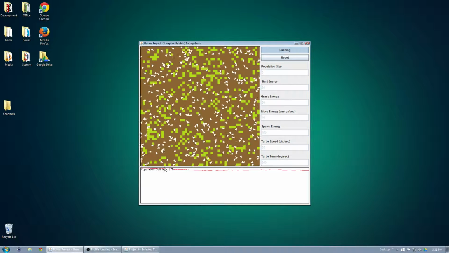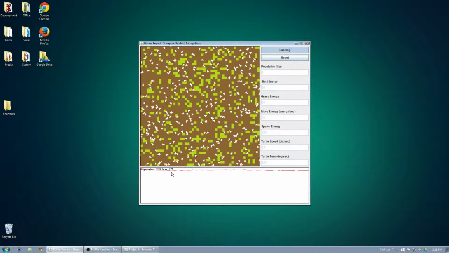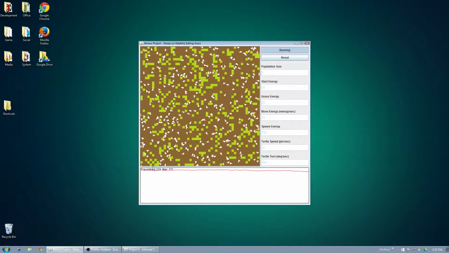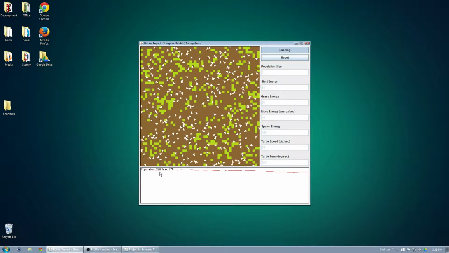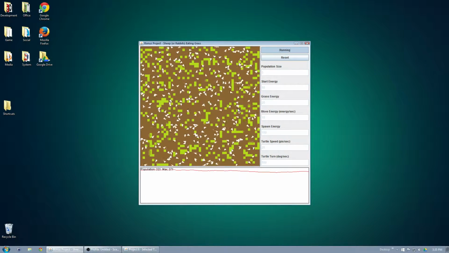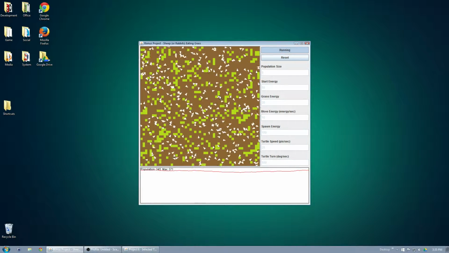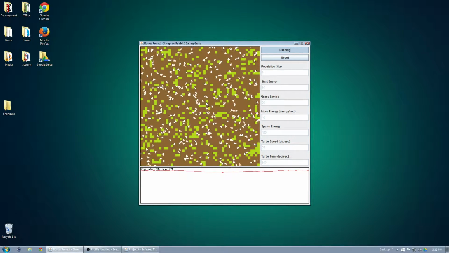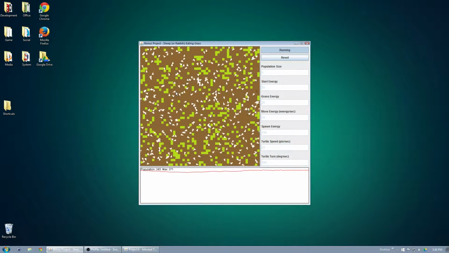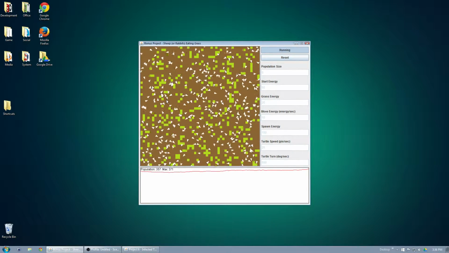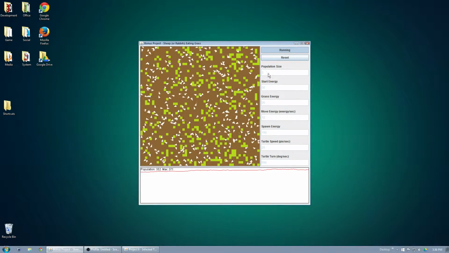You can see that it peaked at 371, but currently it's closer to 330, which is what could be sustained, because it gets to a point where there's not enough food for a sheep to survive, so it dies out, or the population remains steady.